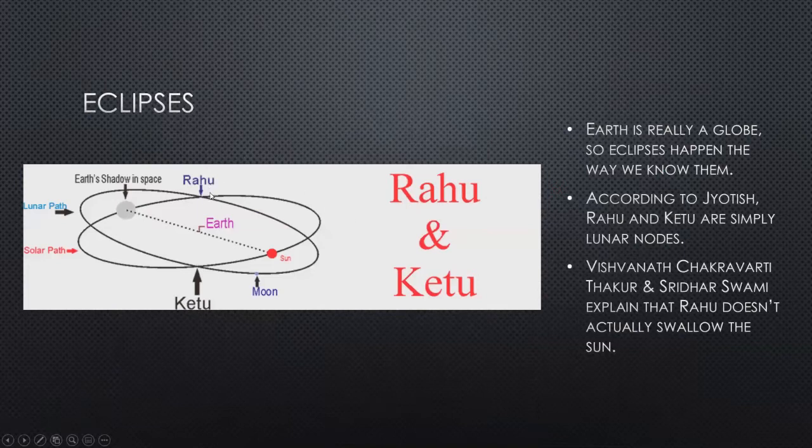We looked at the eclipses and said that Rahu and Ketu have traditionally been identified by Jyotish with the lunar nodes.